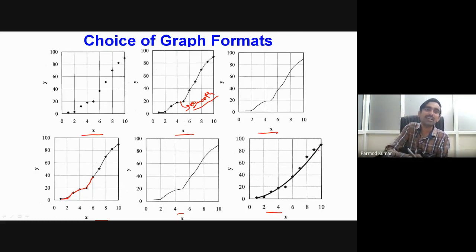So particularly the first type of plot we will normally follow when we have a large data set available, and at the same time, if we have a phenomenon which is very new, for which we do not know from our prior knowledge what type of trend it should fit.